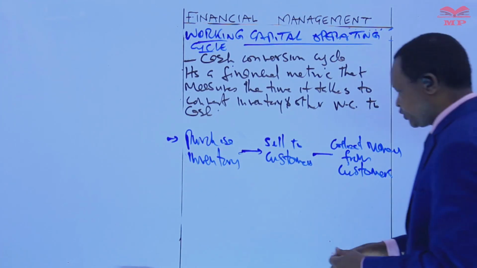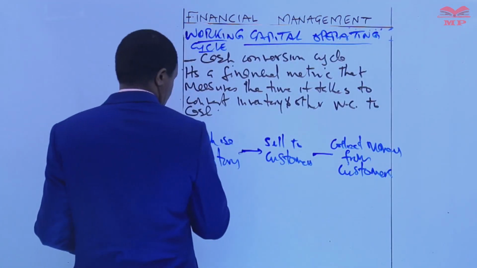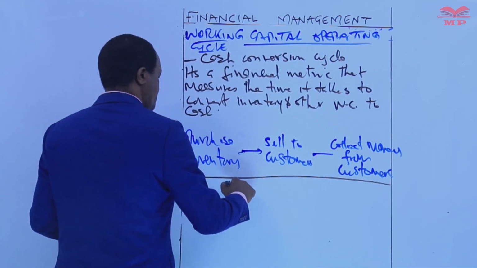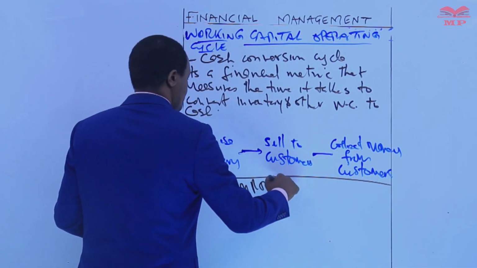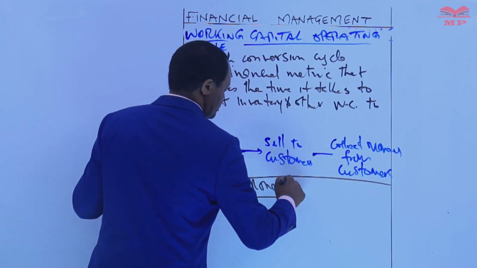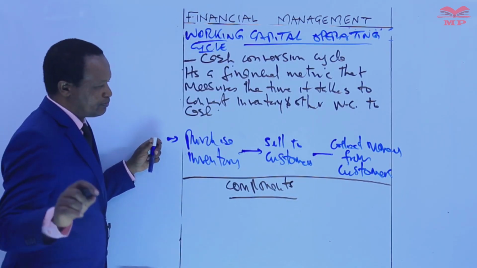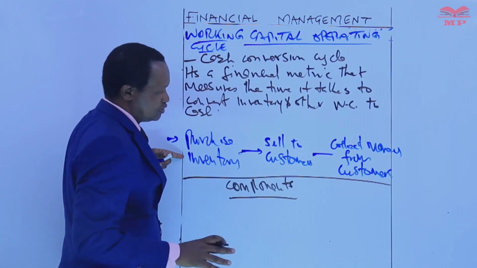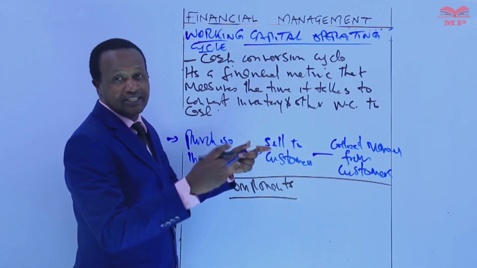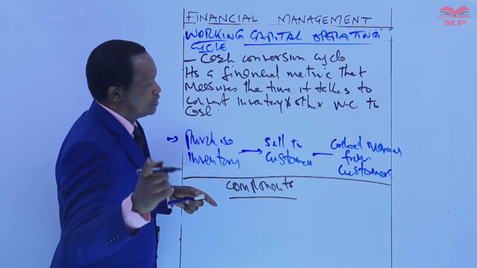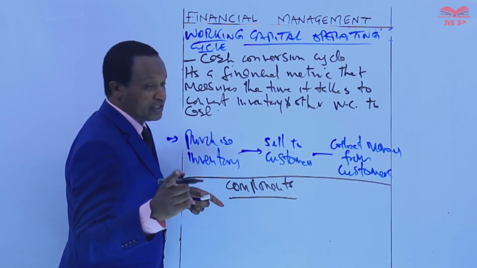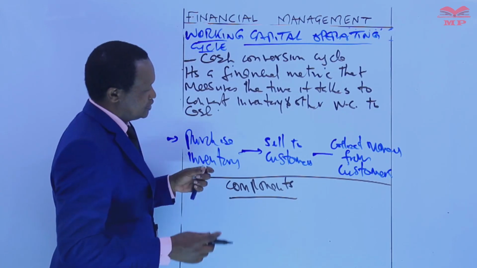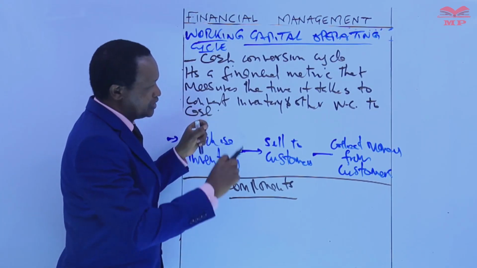So the components, let me break it down further. And please purpose in your mind to get the understanding now. Don't postpone. You just write notes, then you'll understand later. That is one thing that most students do, but I invite you not to do that. Purpose to get understanding now.